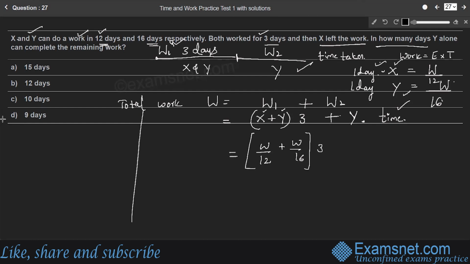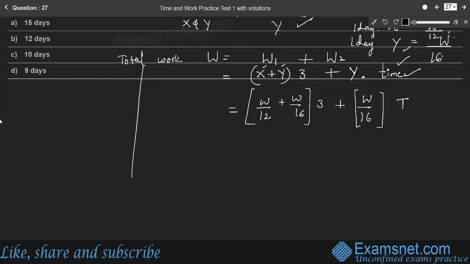X plus Y into 3 is the first part of the work, plus Y, which is W by 16, the 1 day work of Y, into the total time taken by Y. Let it be T. Here T is the time taken by Y to complete the remaining work, not the total work. Simplify it.